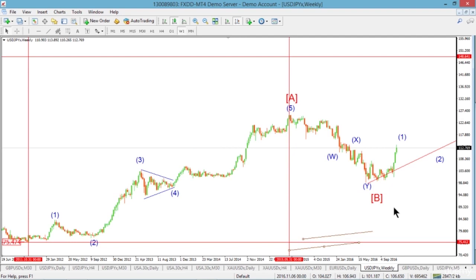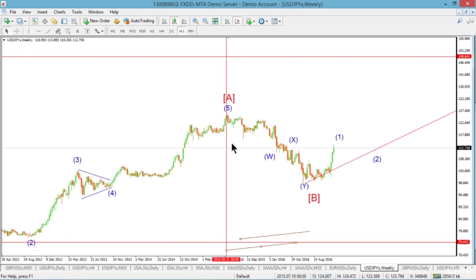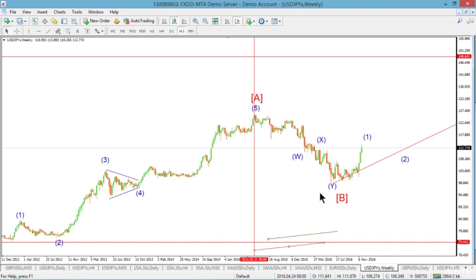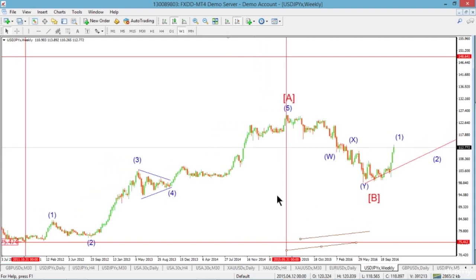Another point to target for a wave A-B relationship is the low of the previous fourth wave of one lesser degree. Now, the degree we're talking about here in this overall trend move, these large A and B labels here in red, that's one large degree labeling.